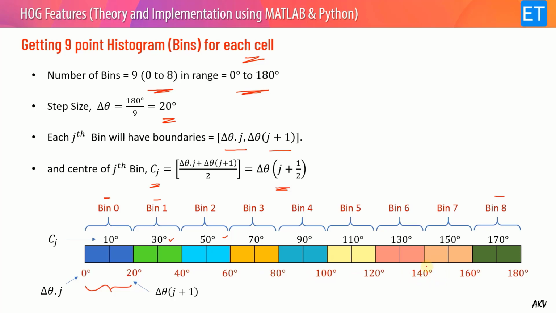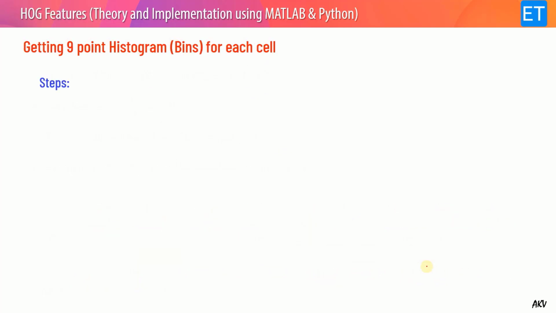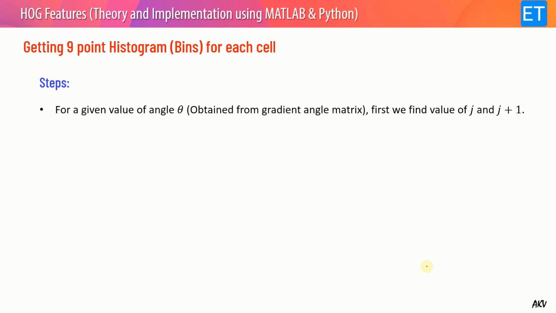Now let's see the steps for how we can compute this histogram. First we choose an angle value from the gradient image. From the gradient angle matrix we first choose some value of theta, and from that theta we find the bin number, I mean which bin or bins are to be modified.